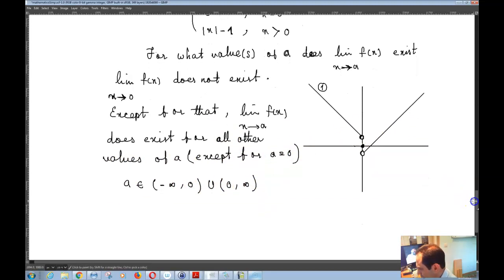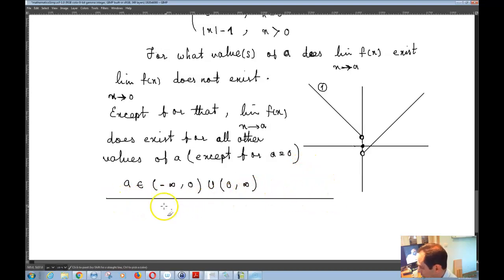Another way of saying the same thing, there is one more way to say the same thing, of course. Let me see the answer over here. The answer is very simple here and very elegant.